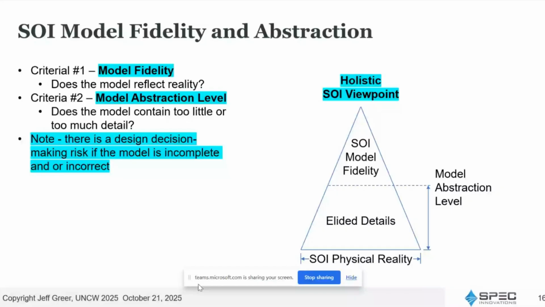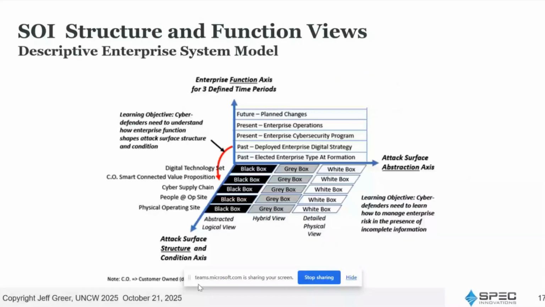So when we think about system of interest modeling, this one was for an enterprise. I have them for products, but it's a 3-axis model. This came out of a book by Borky and Bradley at Colorado State University for effective model-based systems engineering. On the vertical axis, that's your functional axis, right?